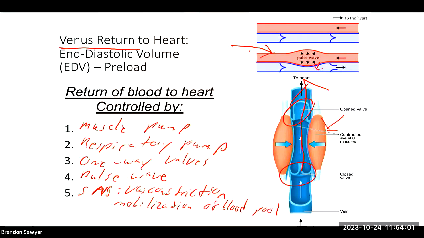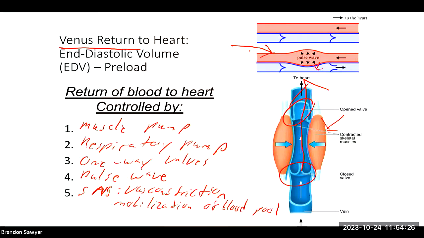Okay, so somewhere around 60% of our blood at rest is just sitting on the venous side of our vascular system. When we activate our sympathetic nervous system, we can constrict those veins a little bit, and that helps mobilize all that blood that's pooled out there, sends it back to our general circulation. Now we've got more blood coming back to the heart.